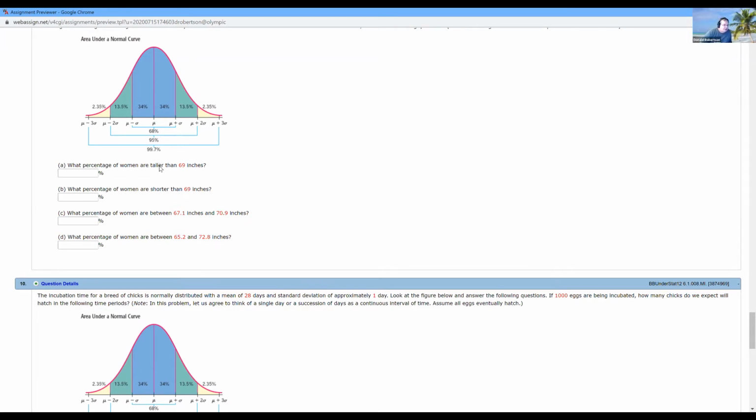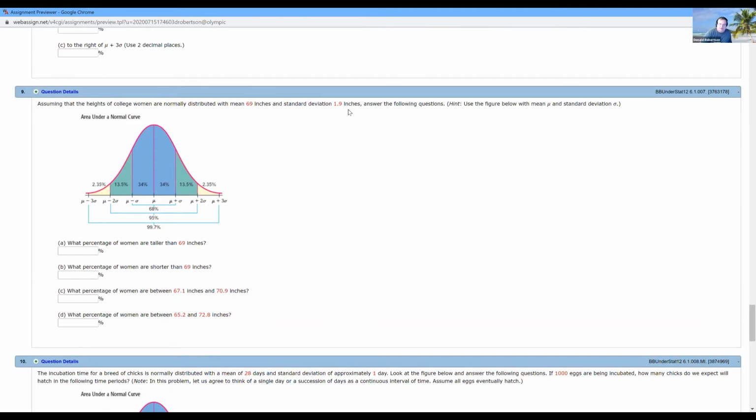So they ask what percentage are bigger than this, what percentage are between. Let me pick this one just randomly. In this particular story, the mean is 69, so I'm going to write that down because I'm going to have to leave the screen in a minute. I'm drawing this picture, or at least part of it, and the mean is 69, and the standard deviation is 1.9.